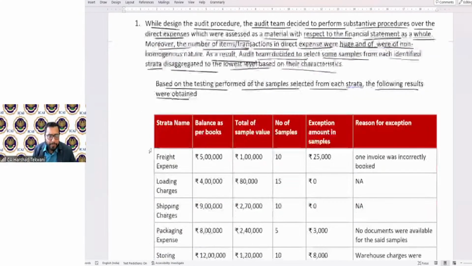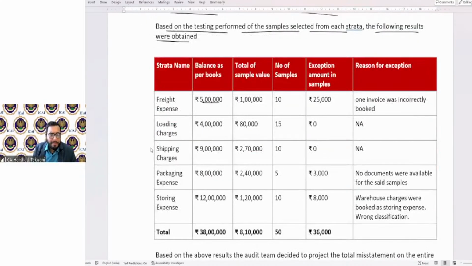Based on the testing performed on the samples selected from each stratum, the following results were obtained. Balance as per the books of that particular expense, total samples selected, number of samples, exception amount in samples, reason for exception. One invoice was booked incorrectly. Loading charges, 4 lakh rupees, balance sample total 80,000 selected, 15 samples, no exception. Shipping, again, no exception.